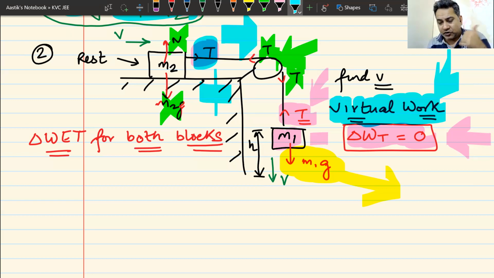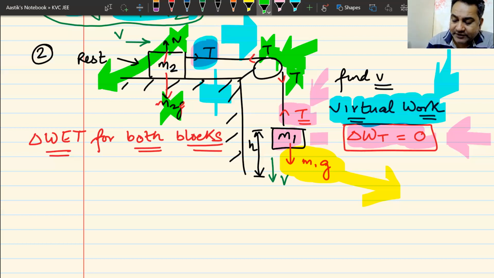Apart from tension, what are the forces acting here? The forces acting here are m1g, which is the gravity force on block m1, m2g, which is the gravity force on block m2, and normal reaction N on block m2. We have also seen that the work done by this normal reaction would be 0, because the block is going to move like this and the normal reaction is like this.